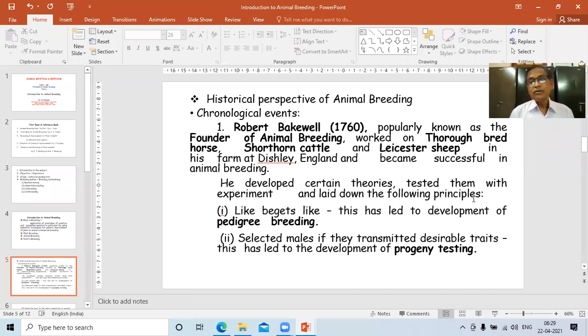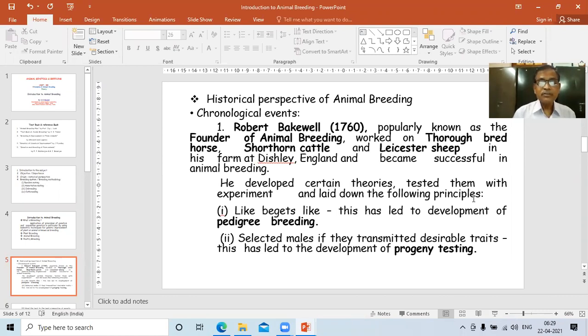At that time, that person established the breeding system. He is an English breeder, popularly known as the founder of animal breeding.